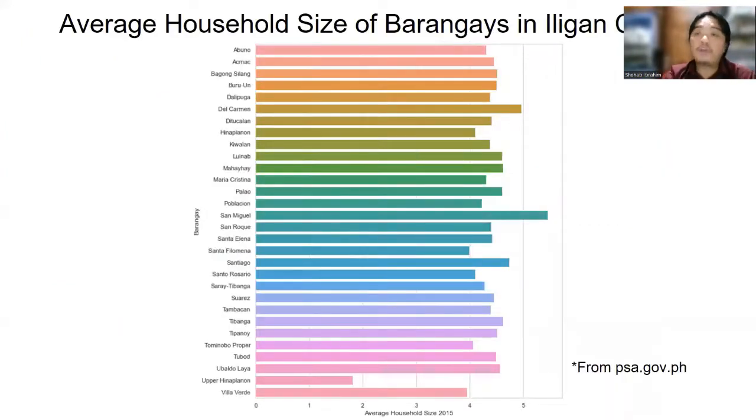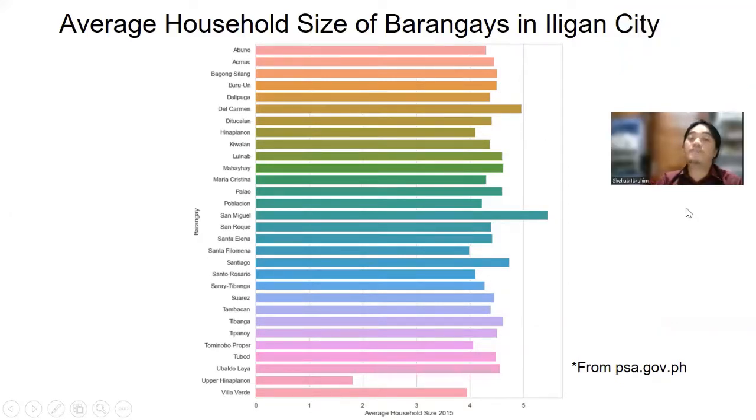Now, we also took the average household size of barangays in Iligan City. We got this from the psa.gov.ph. So, as you can see, the average household size. Now, this is still 2015 because there is no record of average household size beyond 2015.